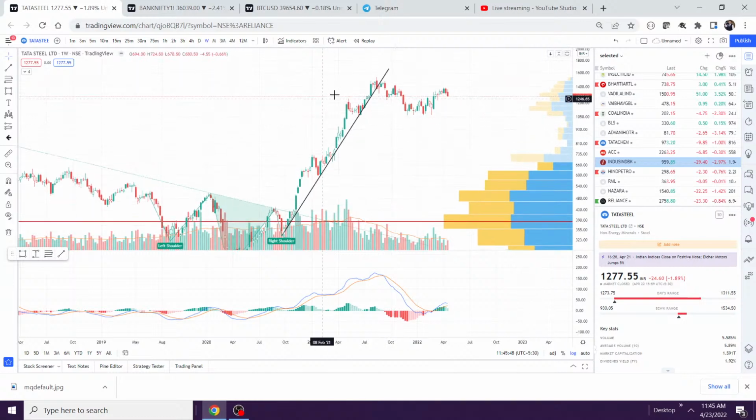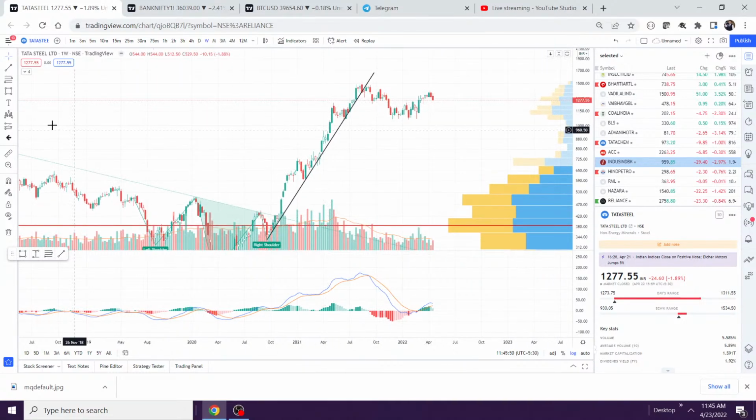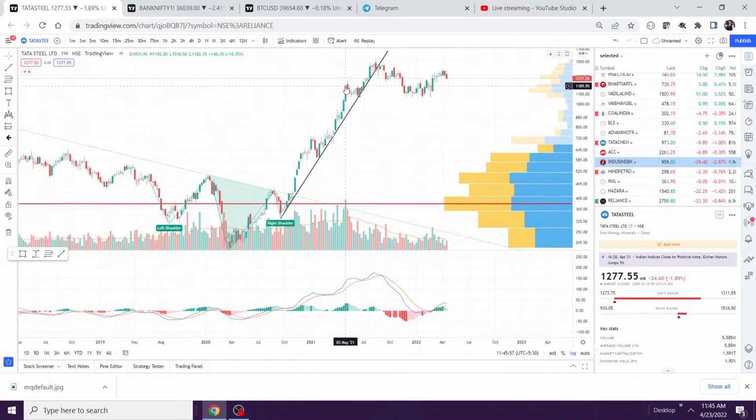Once the third wave is done, you will see the third wave ended here. You will see that the big institutions will now start booking profit, and in the fifth wave only retailers participate. So they already know that all the move is now discounted and it will not move much.